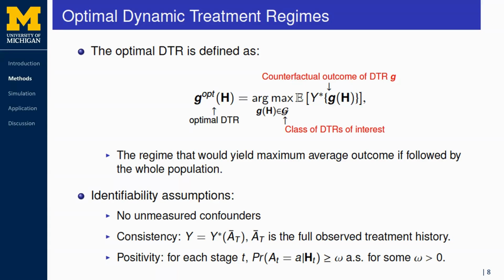But my Y star is called a counterfactual outcome under the decision rule g, okay?